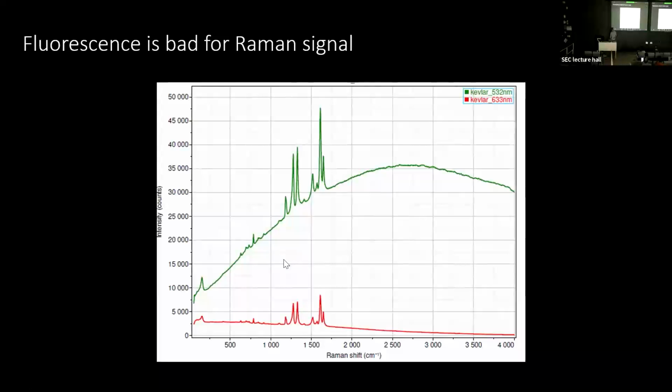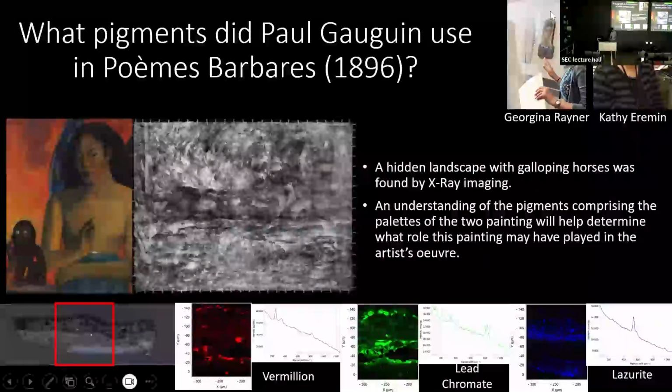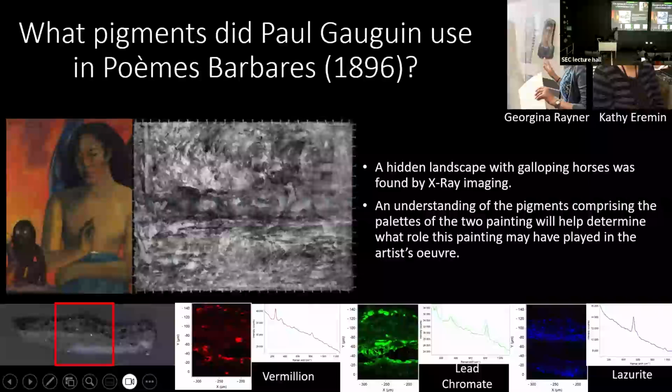What was the other question? How do you get Raman mapping images from pigment samples? So to get the Raman mapping images from the pigment samples, the Art Museum prepared and polished a cross-section of the Gauguin Poèmes Barbares painting.